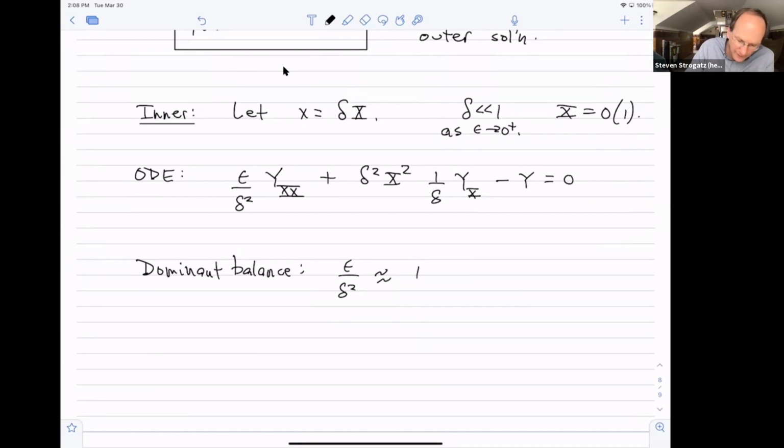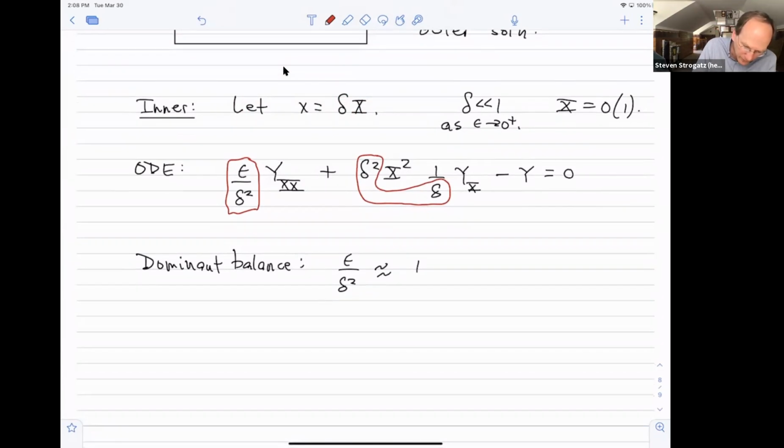I've got to take into account this term, which is order delta, because that one's in the denominator. So let me write them all down. There's an epsilon over delta squared, here's a delta, and here's a 1 in terms of the prefactors.